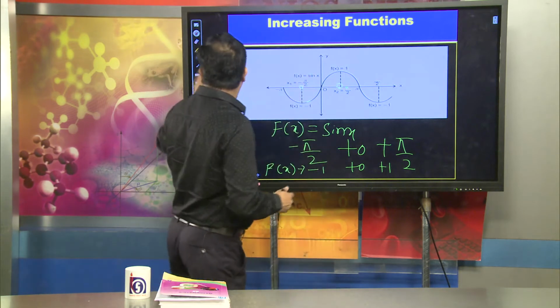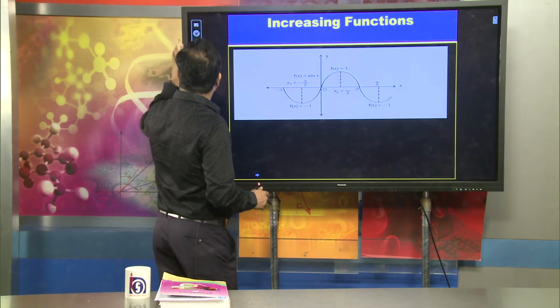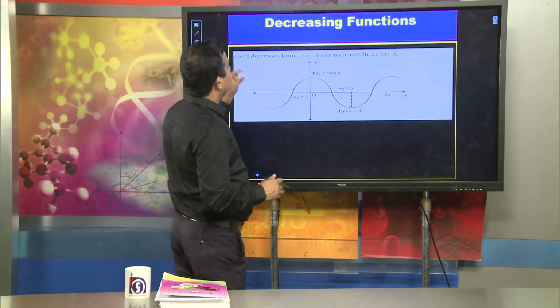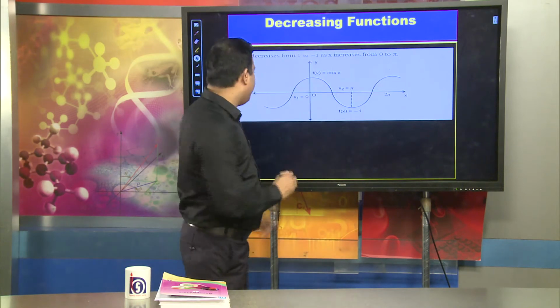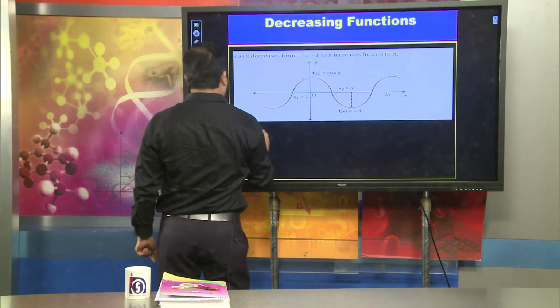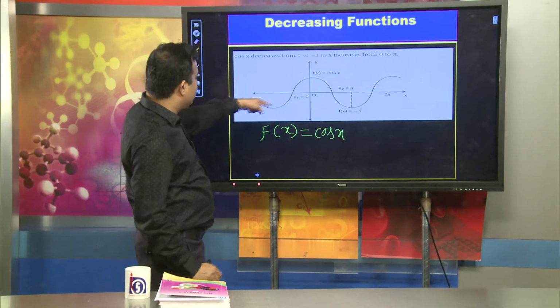Next we have to see another function, an example of a decreasing function. Suppose f of x is cos x. You just observe that graph.